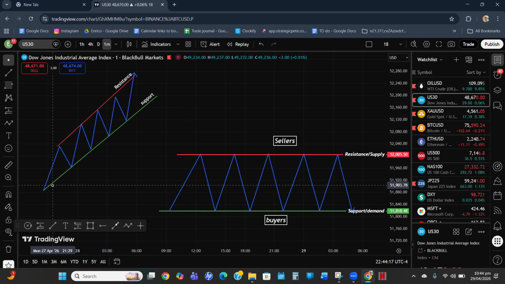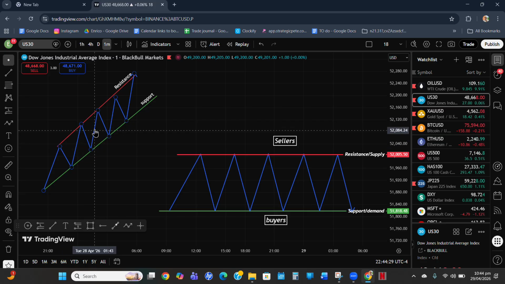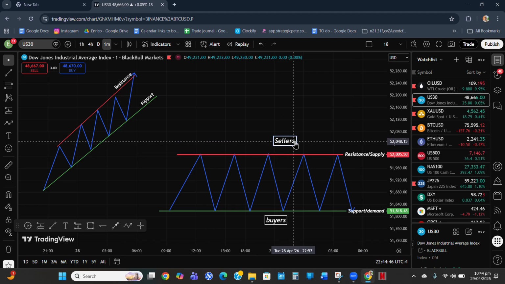You will see on the green line, buyers push up price, and then sellers push back down price. Buyers push up price, sellers push back down price. Right? The cycle continues. You see your support and your resistance, where your sellers are in control at your resistance, and your support where buyers are in control.